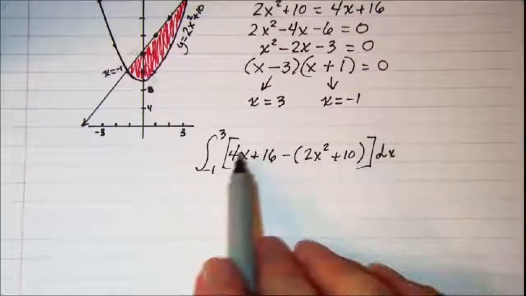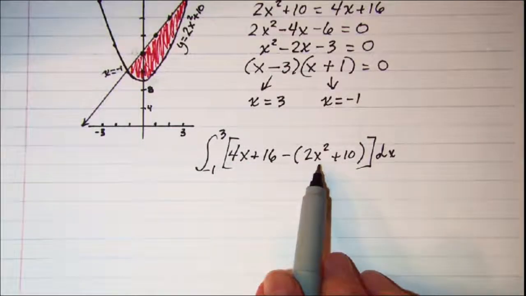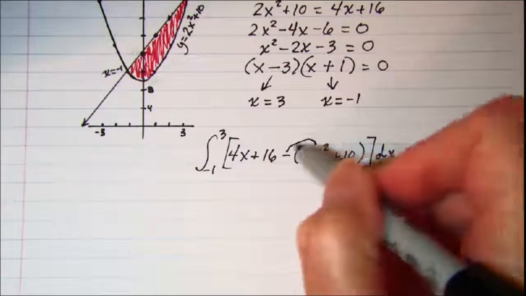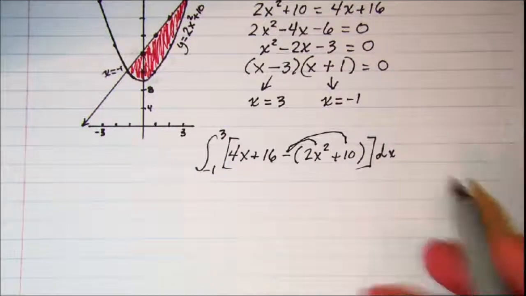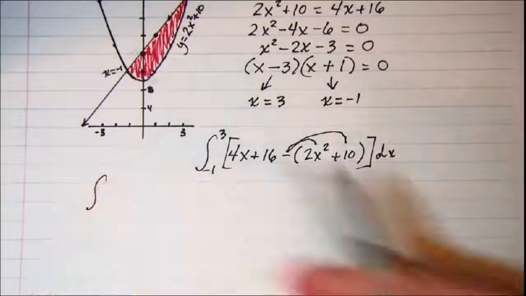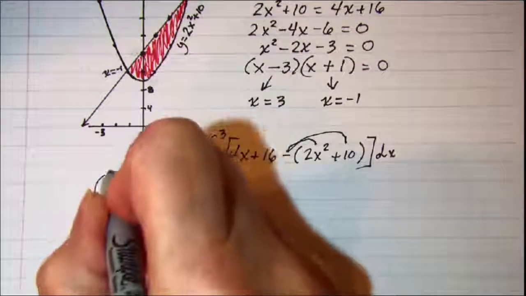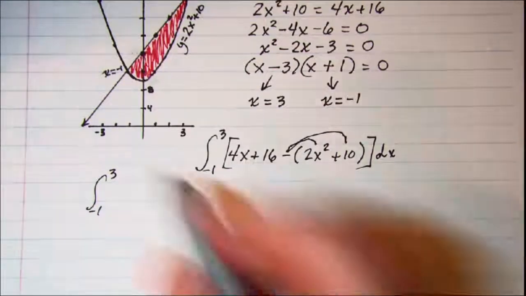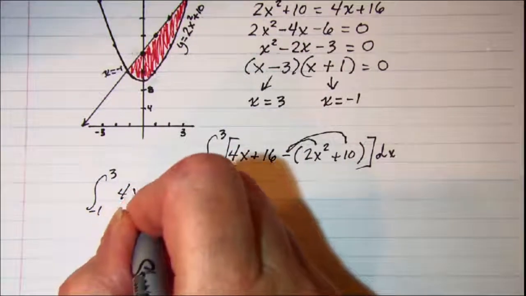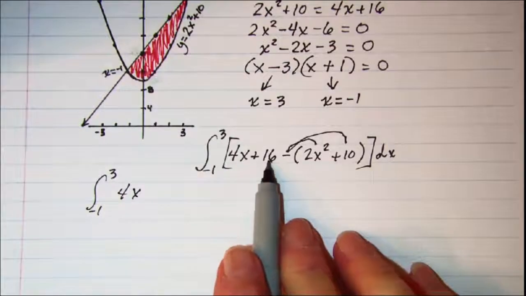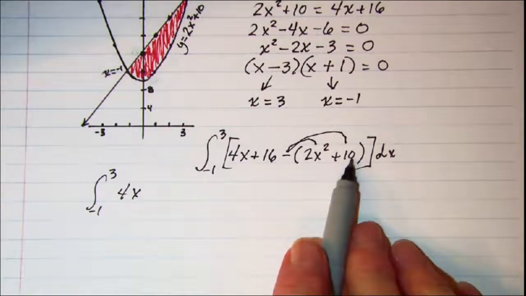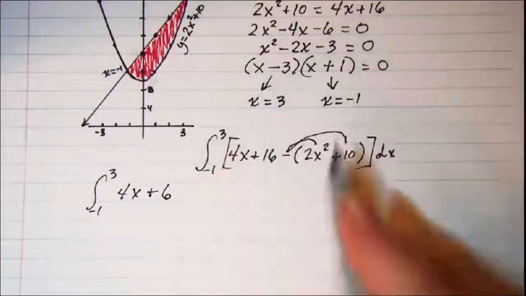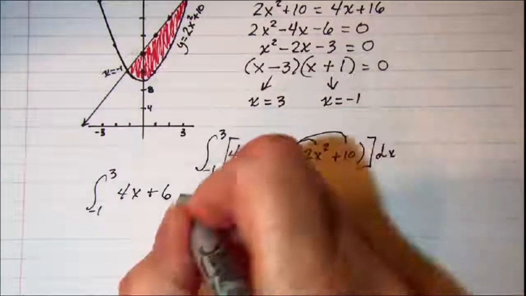So now I'm going to simplify this a little bit, combining terms, distributing this negative through here. So I'm doing the integral from negative 1 to 3 of 4x, and then I have positive 16 and negative 10, so that'll give me plus 6, and then minus 2x squared.